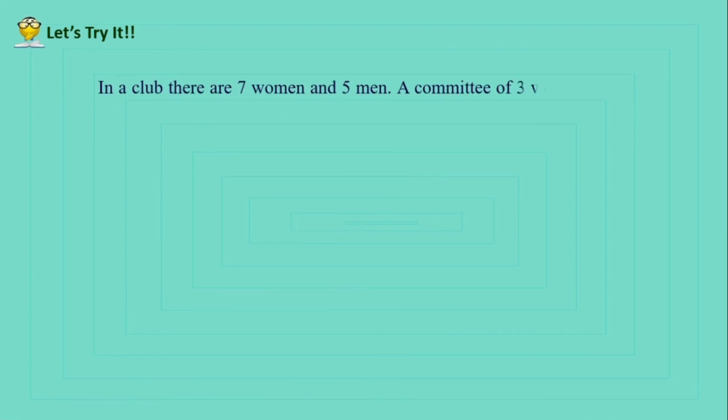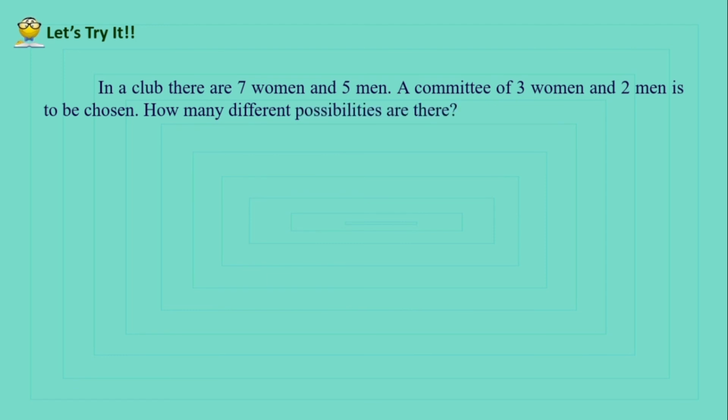Another example is, in a club, there are 7 women and 5 men. A committee of 3 women and 2 men is to be chosen. How many different possibilities are there? Here, you must select 3 women from 7 women, which can be done in 7 combined 3 or 35 ways.